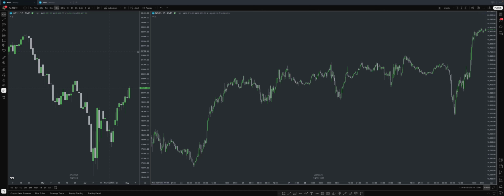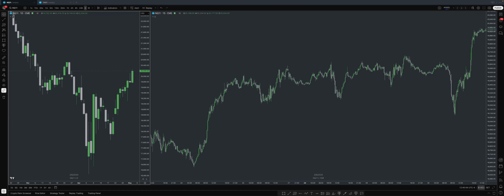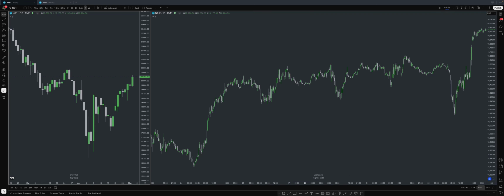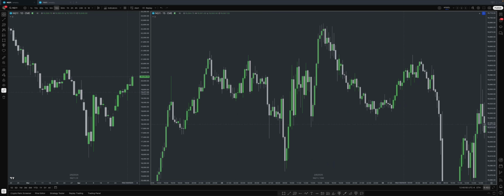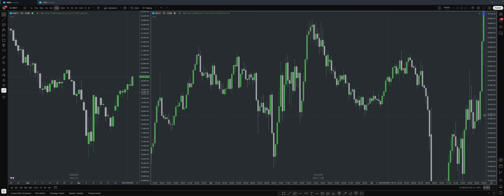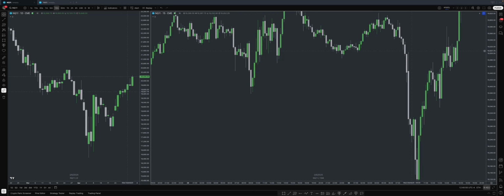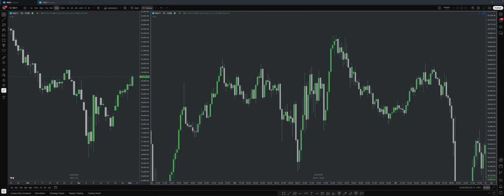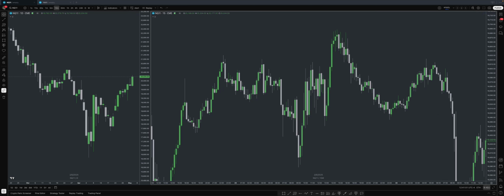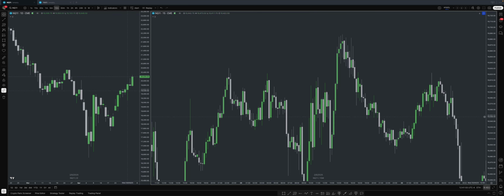So heading back over to our example, we can start off with the framework. So the framework in this particular example, let's say, so this is the trade I'm looking at. Probably don't need replay mode.